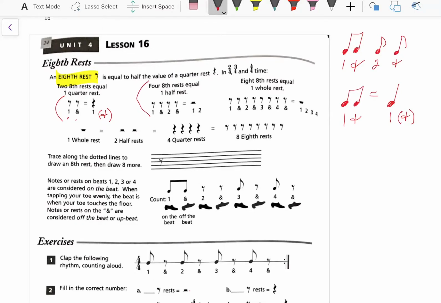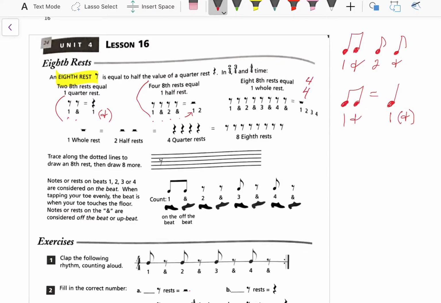If you've got a half rest, those are usually 2 beats. Well, if you can fit 2 eighth rests in every beat, we've got 1 and 2 and. A total of 4 eighth rests can fit into that half rest. So now if we have a whole rest, which is 4 beats usually, or however many is in the measure, a whole rest is the whole measure, but let's just say it's 4/4 time signature.